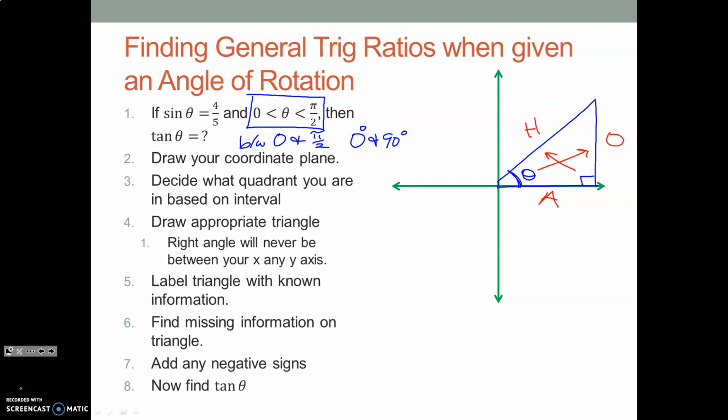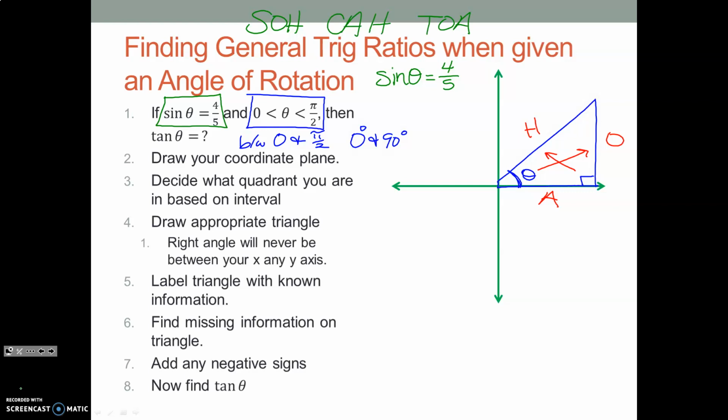So let's look back at our question. We have this part here with our theta, but the other thing that they gave us is that sine theta is 4 over 5. So what does sine tell us? Well, we want to remember our trig, the fun little saying: SOH CAH TOA.